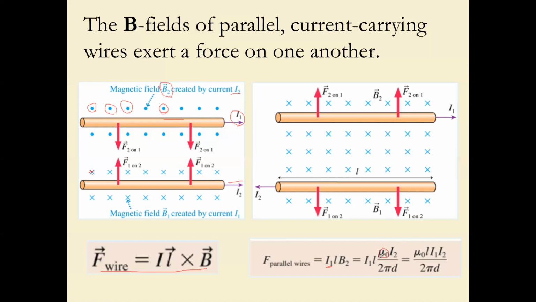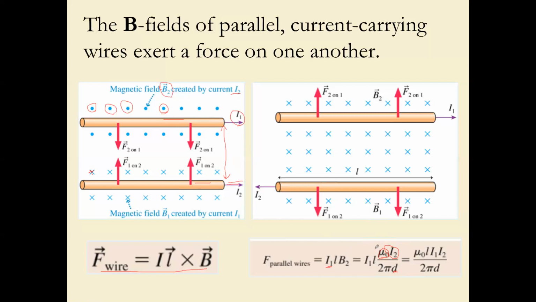It is mu0 times I2, because this magnetic field B2 is created by wire 2, over 2 pi r. R is the distance from the current to the location where we are looking for the magnetic field, which is the distance between these two wires, and we know that it is d.